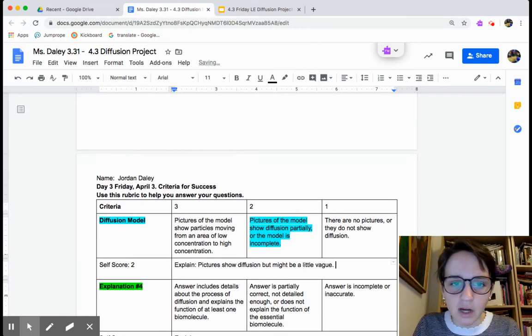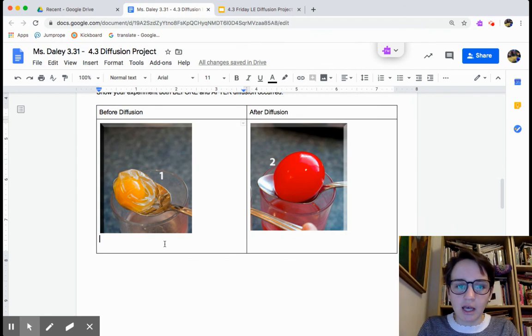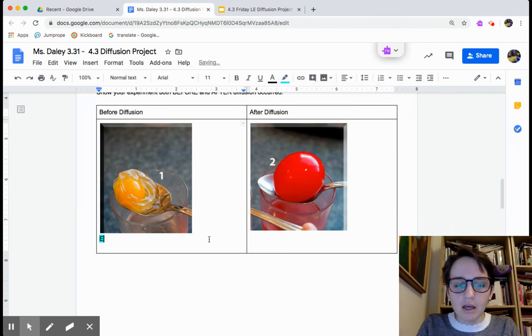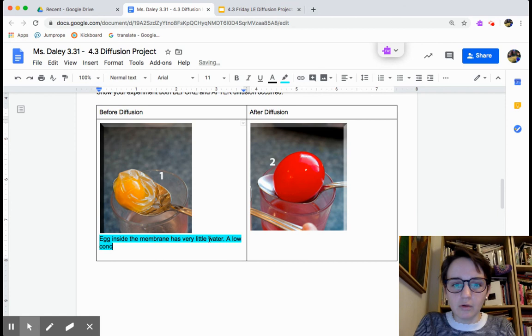Okay, that's fine. I'm going to use that feedback for myself, and I'm going to go ahead and add in here some more details. Okay, egg inside the membrane has very little water. Okay, a low concentration of water.